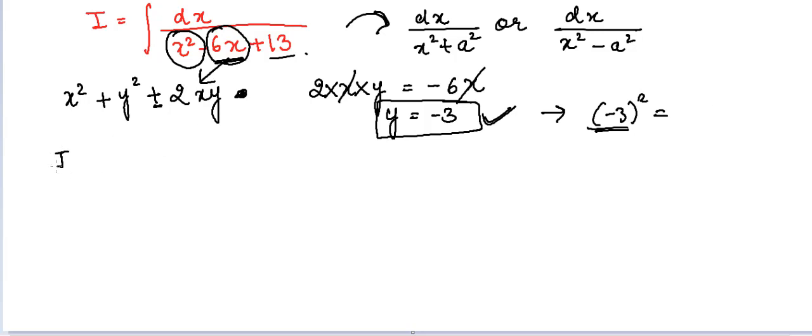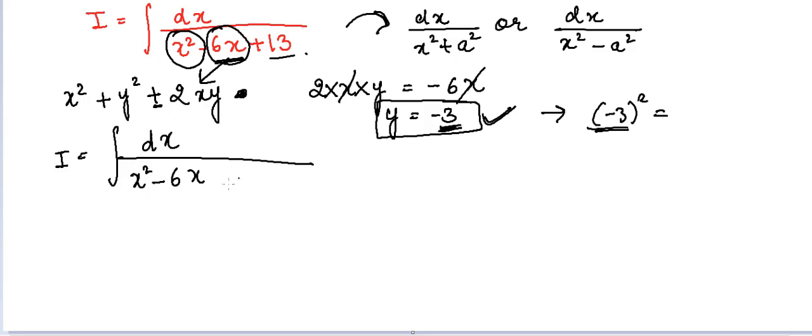Now you can simply write it as dx upon x square minus 6x. Now you need y as minus 3, so it will be plus 3 square and minus 3 square, plus 13.